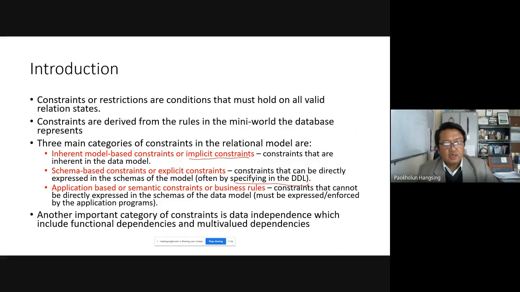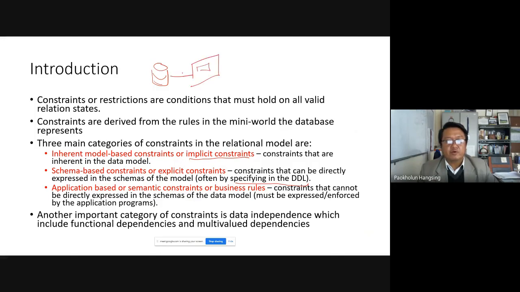And the third one is application-based or semantic constraint, or business rules. These constraints cannot be directly expressed in the schema of the database model. Therefore, they must be expressed or enforced by the application program. If you can recall, a database system is usually accessed by an application program.